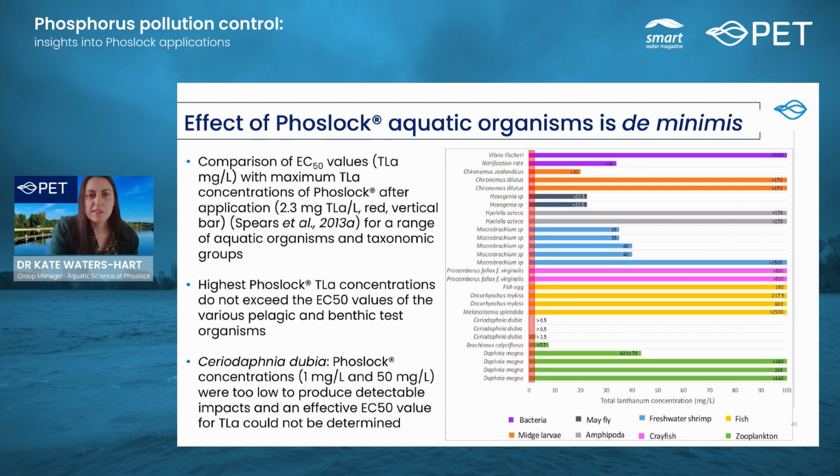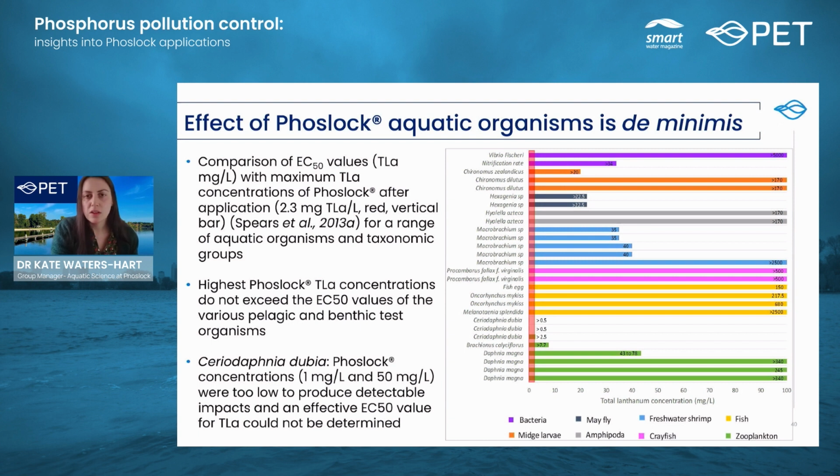So this is quite a busy slide, but I want to draw your attention to the very colourful plot on the right-hand side. This is looking at a number of different organisms, ranging from fish, zooplankton, bacteria, where Phoslock and other lanthanum salts have been used to understand their endpoints in terms of EC50 concentrations.